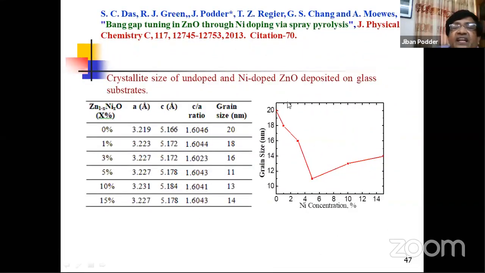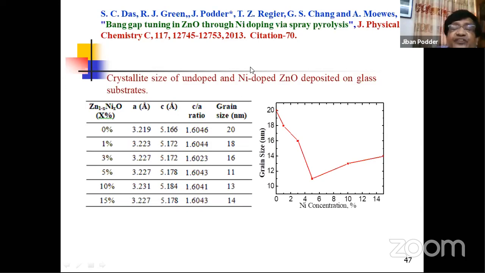Again, we used nickel. You see at 5% nickel doping the grain size is reduced to 11 nanometer. So that is for tuning the band gap and the optical properties, which we did using transition metals like nickel, cadmium, copper or iron.